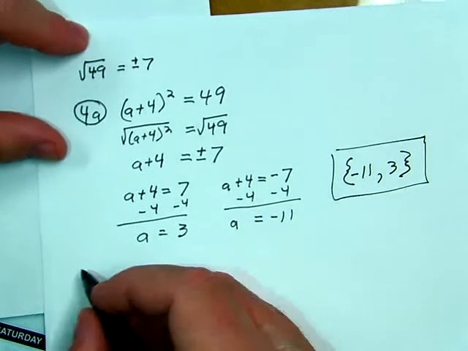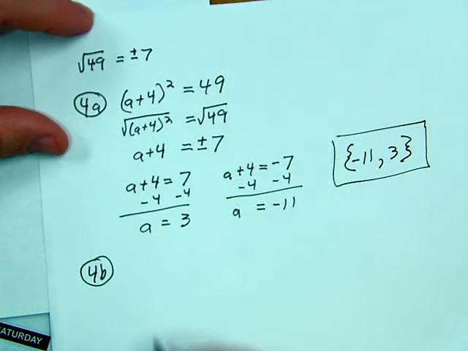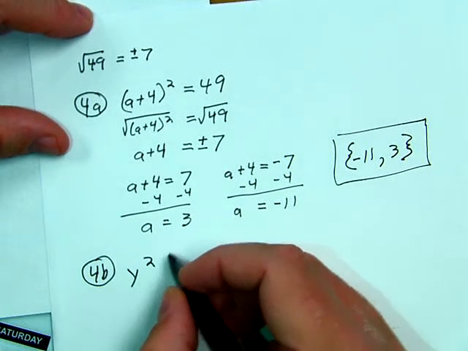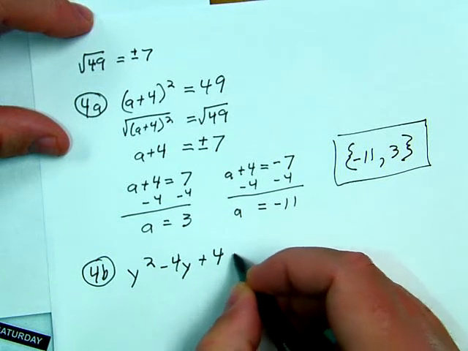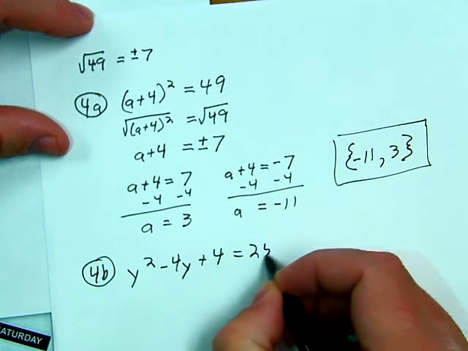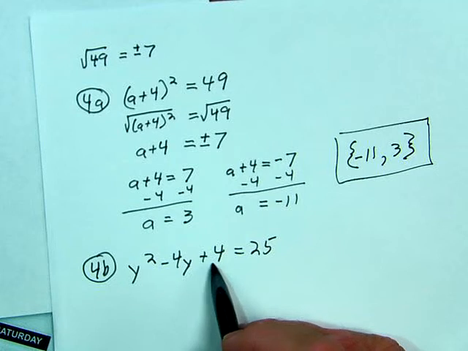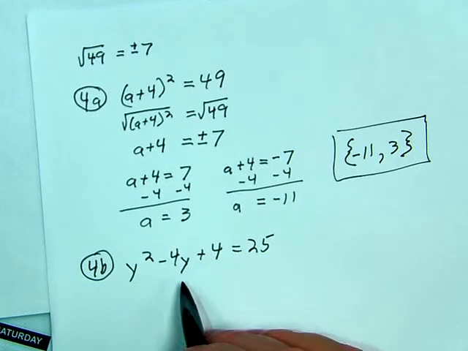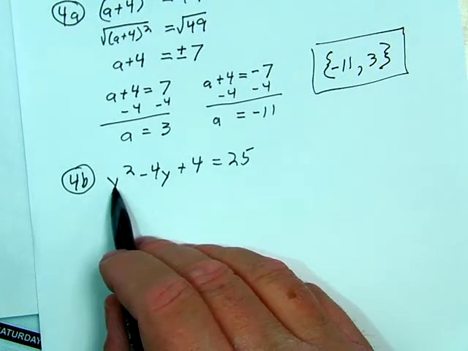What about 4b? In 4b, we have y squared minus 4y plus 4 equals 25. The first thing I recognize, instead of switching the 25 over and trying to factor the whole thing, which is what I would normally have done, is that this is a perfect square trinomial.